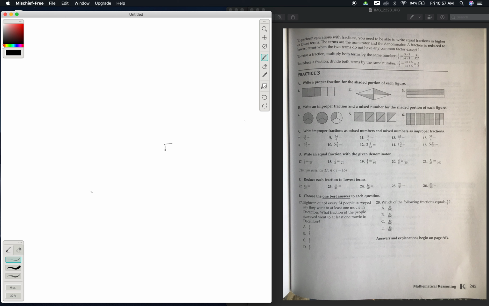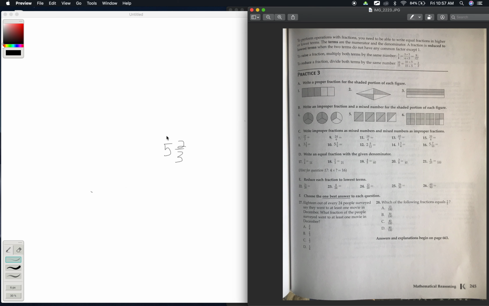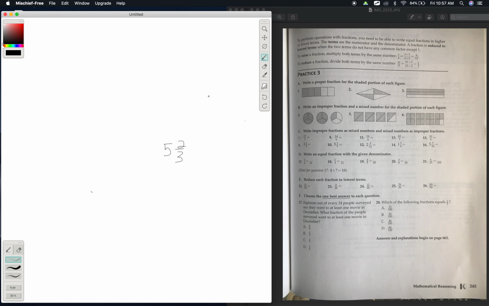So 5. And we have 2 left over from 15, because 17 minus 15 is 2. So 2 over 3. So this, as a mixed number, is 5 wholes and 2/3 remaining. That's pretty much the same thing as that, so we'll keep it moving.